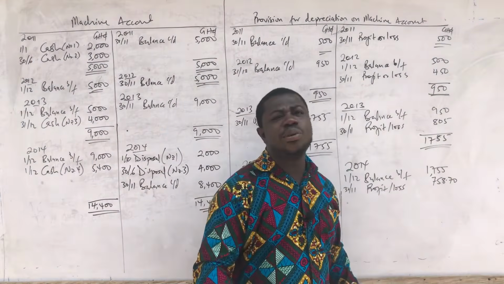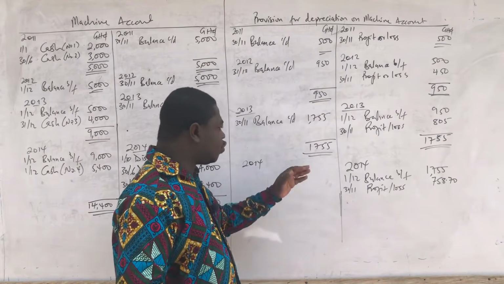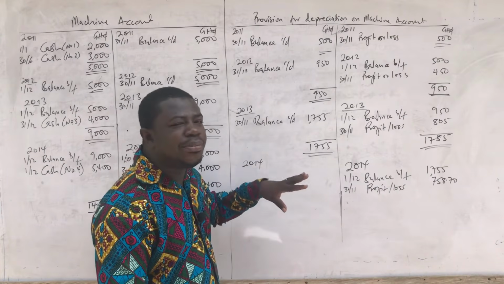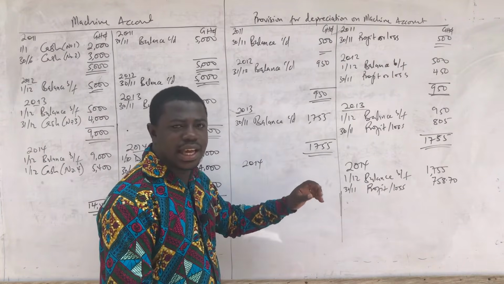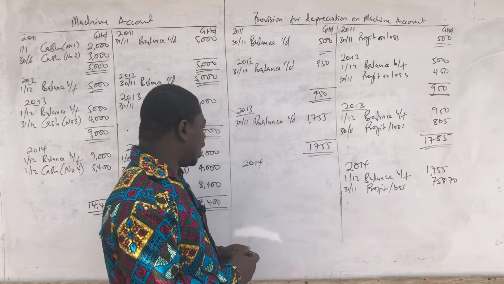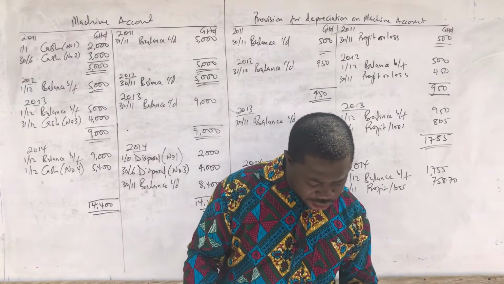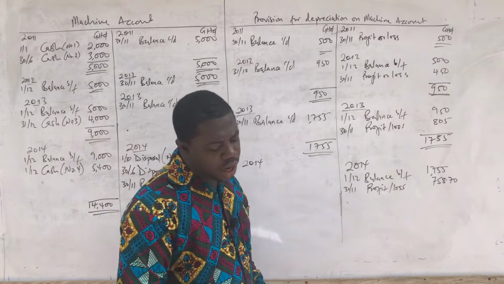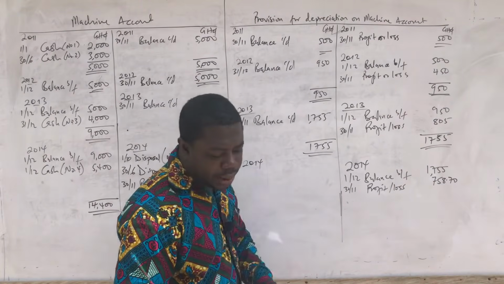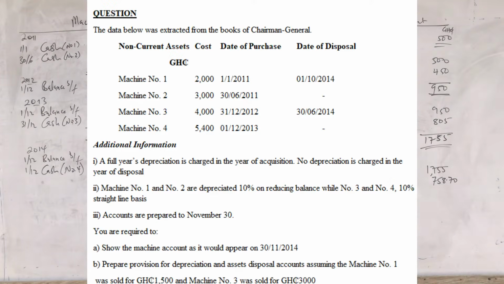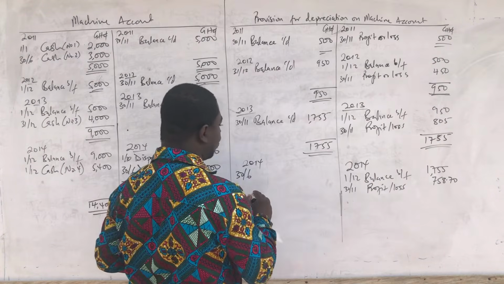Remember that in that year we made 2 disposals, and so we have to take off the accumulated depreciation of those assets that we sold from the accounts, from the depreciation. And so that year we sold machine number 1 and number 3. Now, machine number 1 was sold on 1st August 2014, and then machine number 3 was 30th June 2014. So 30th June comes before 1st August.